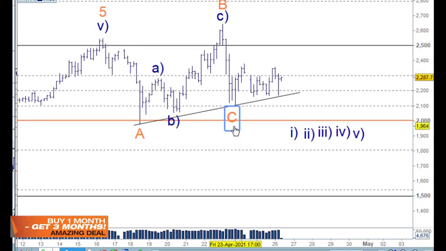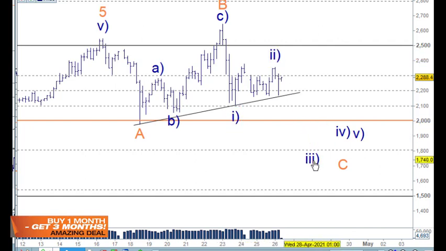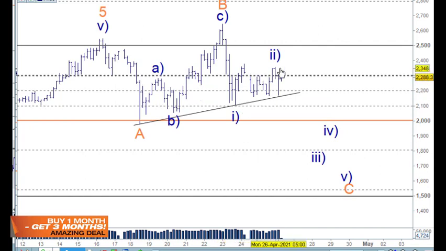So it's also possible to look at this in terms of wave 1 here and 2 here and 3, 4 and 5 down here for wave C. So that's also possible as well. But if this top here gets taken out, then that's not going to be the case at that point.